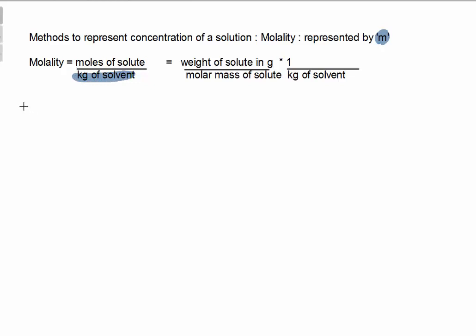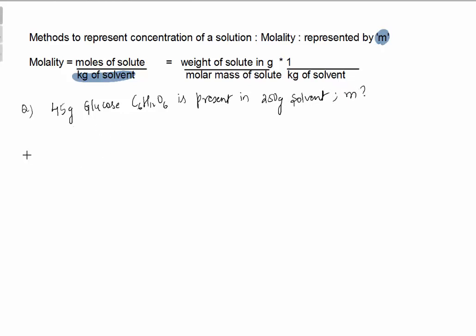Now, the question says that 45 gram glucose C6H12O6 is present in 250 gram solvent. What is the molality?